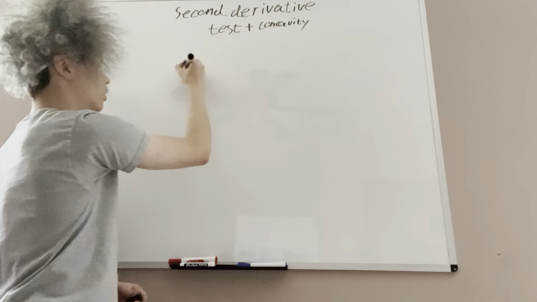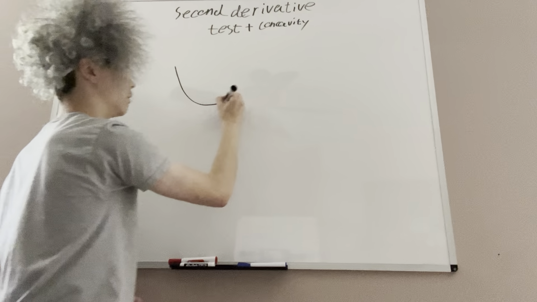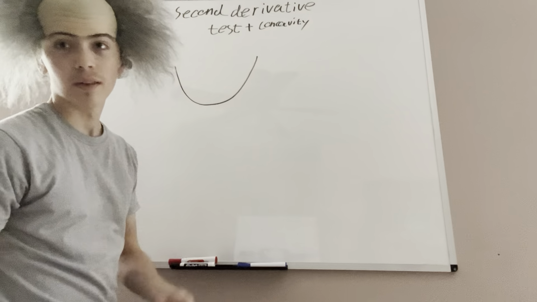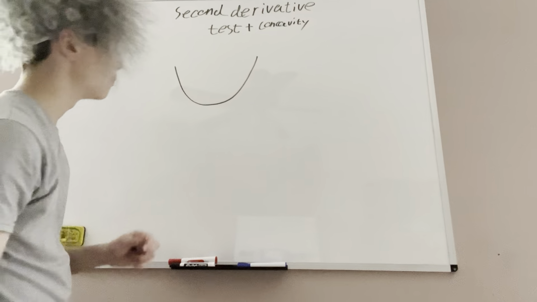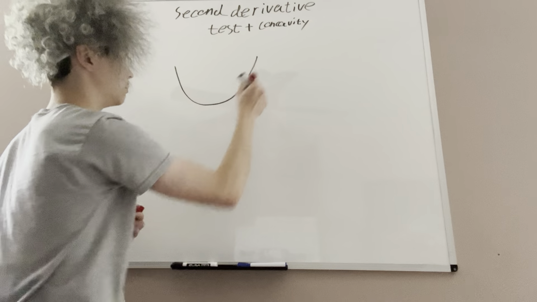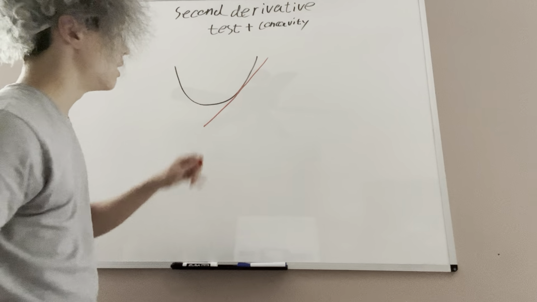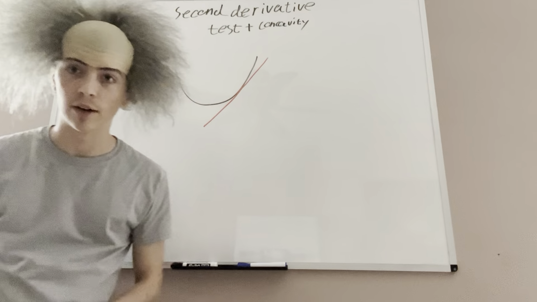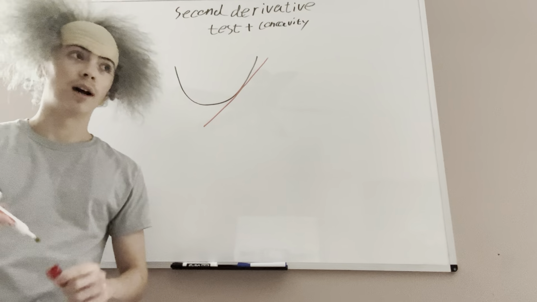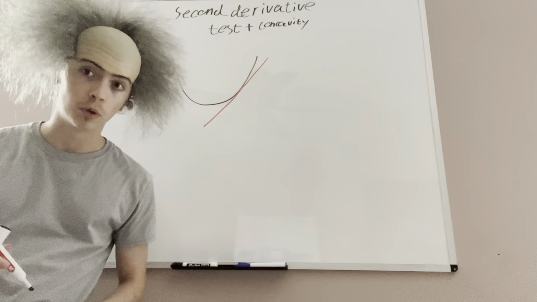So I'm going to draw out the function y equals x squared. It's a parabolic function, right? If I were to draw a tangent line, any value on this function that I try to approximate, I will underestimate the actual value.